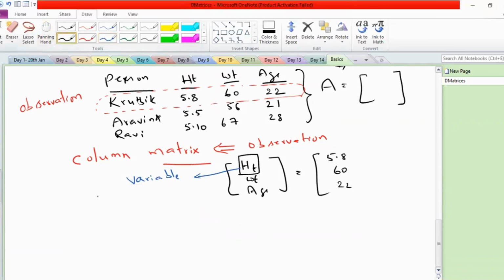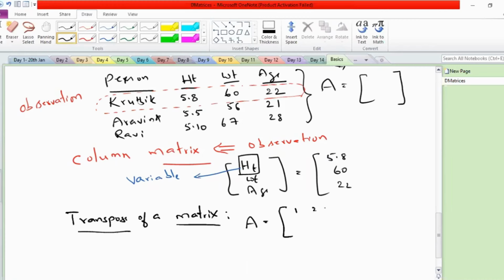Let's get into the transpose of a matrix. Suppose I have A as 1, 2, 3, 4, 5, 6, 7, 8, 9 of dimension 3 by 3, or I can call it m by n dimension.